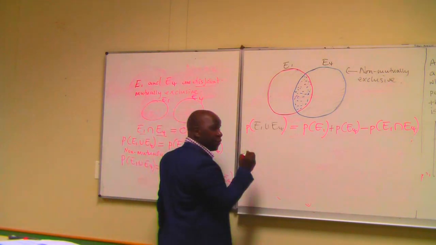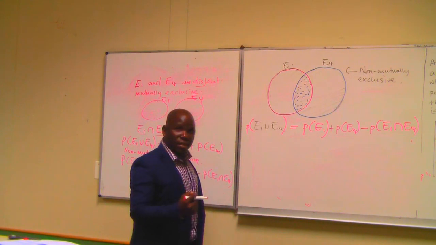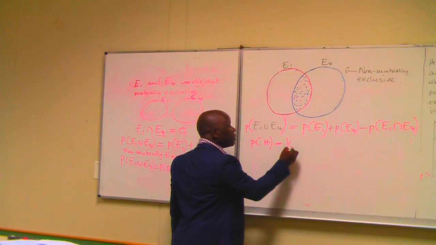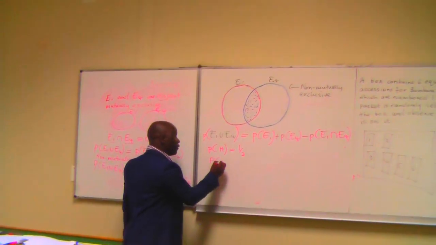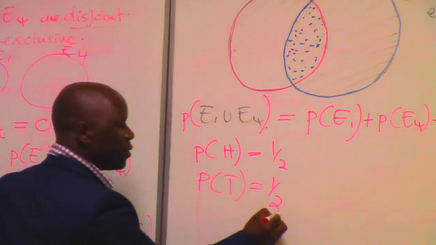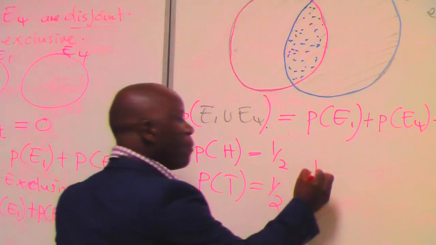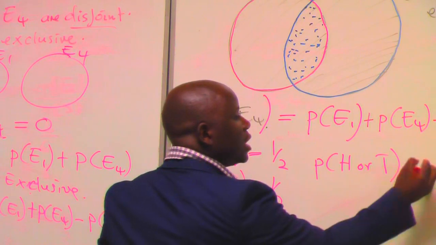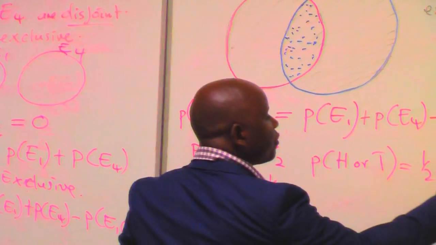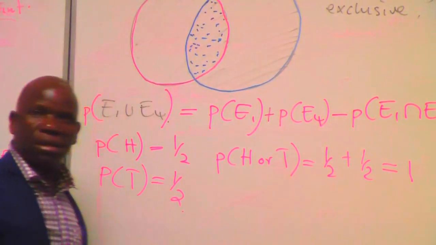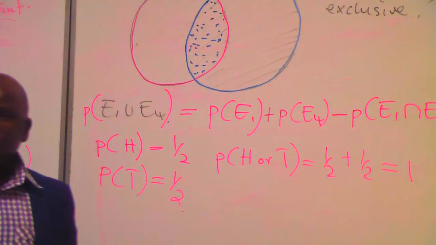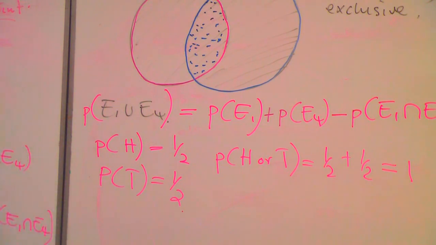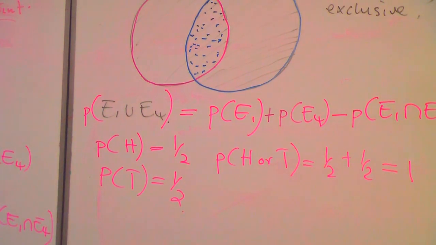So, if we flip a coin once, the probability of getting a head is half. The probability of getting a tail is half. So the probability of a head or tail is equal to half plus half, which is equal to 1. So it becomes a sure event. It means the events of obtaining a head and a tail are exhaustive.